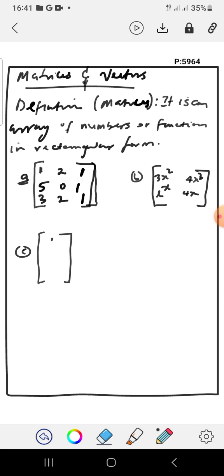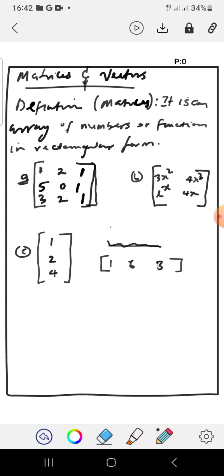We have 1, 2, 4. That's another matrix. Then you can have one like this with 1, 6, 3. That's another matrix.